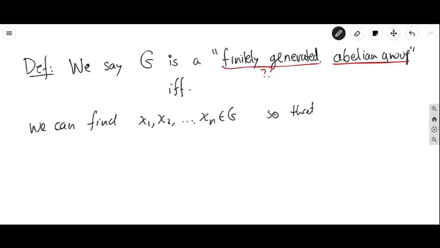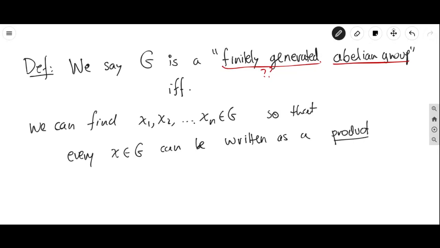so that every element, every x in G, can be written as a, now usually we say product, that's what we said last time, but the convention is that if you're working in a group in general and you do not know if it is commutative or not, then you use a product.